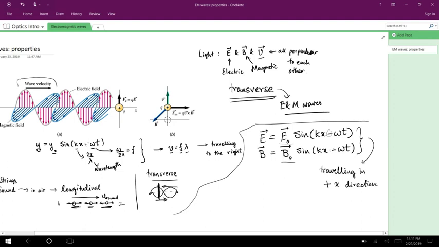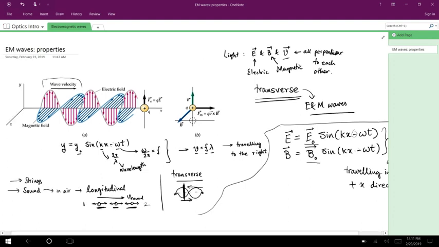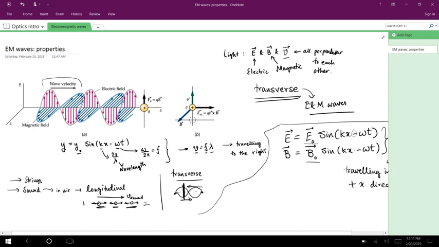And we can go further. We can look at this picture and see that the magnetic field is along the positive z direction. So we can write B0 vector as some magnitude B0 times z hat. And the E0, if you look at it, is along the positive y direction, so E0 is equal to E0 y hat.